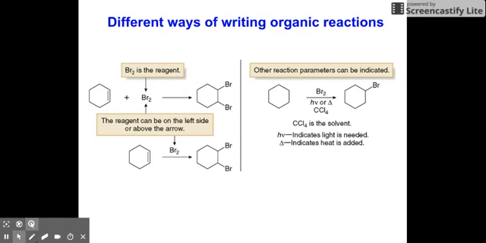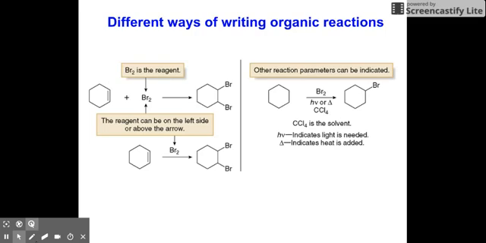Other reaction parameters can also be indicated. So you have Br2 here, for the reaction from cyclohexane to get bromocyclohexane. You would see the reagent placed on top of the arrow, and other parameters such as light hν or delta heat, with CCl4 as the solvent in the reaction.